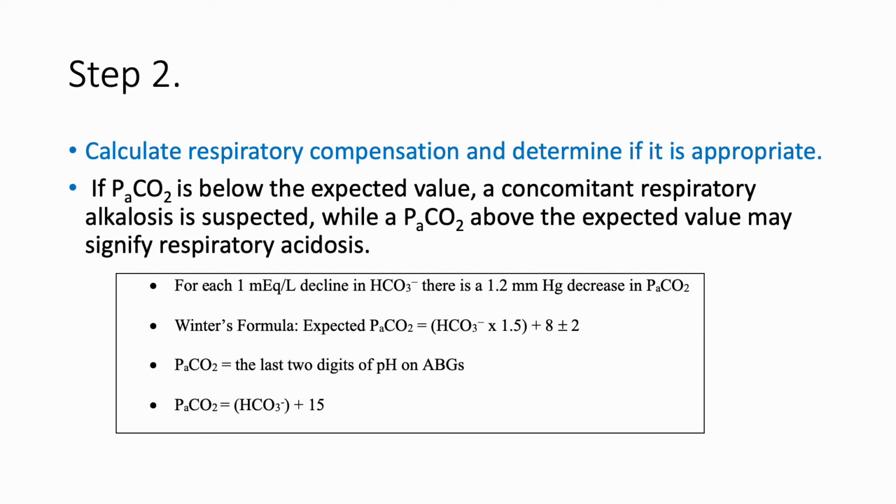The expected PaCO2 is the bicarbonate that we have, times 1.5, plus 8, plus or minus 2. If you're in a real hurry and a little bit sloppy, you can just look at the last 2 digits of the pH, and this is what the expected PaCO2 should be, or you can add 15 to bicarbonate.